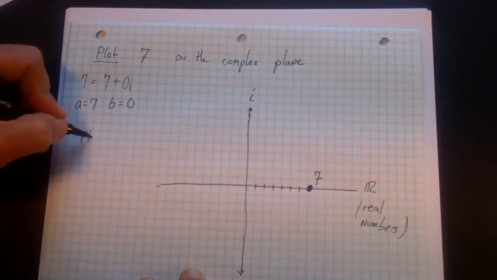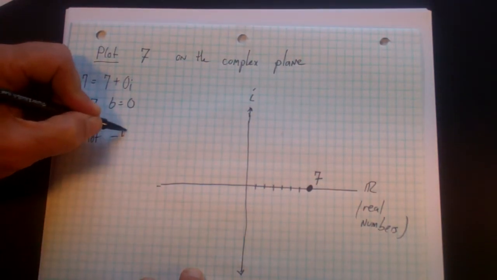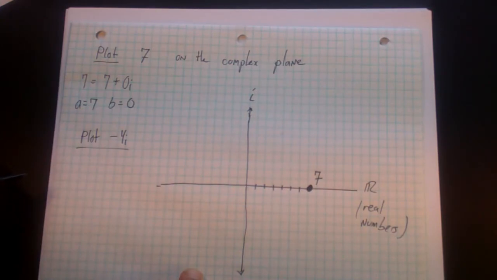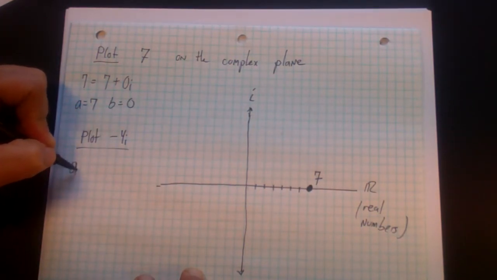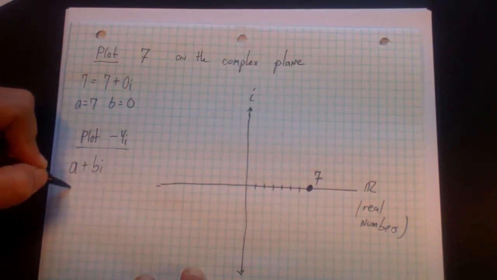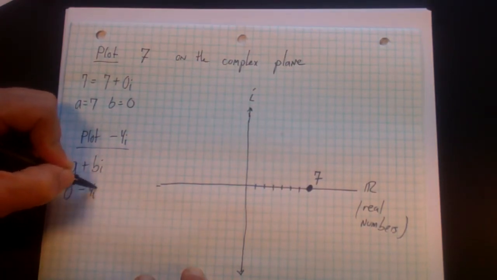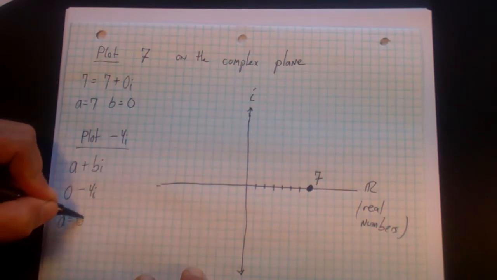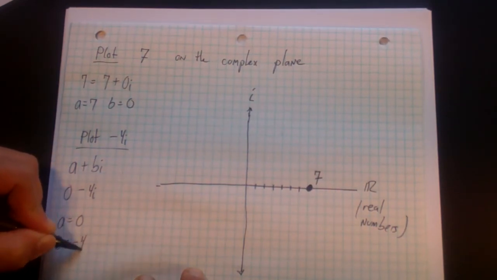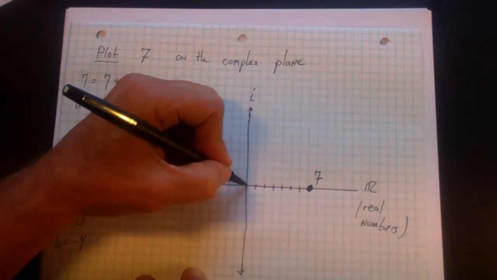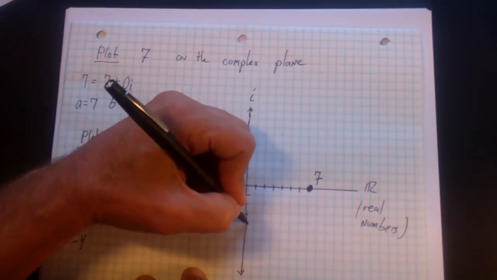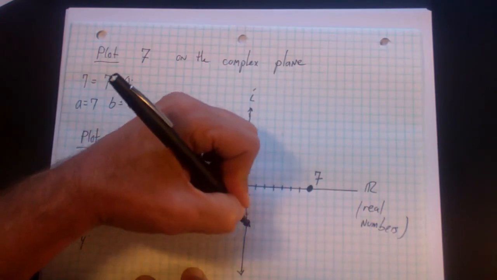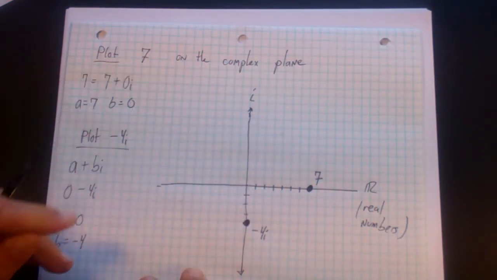Let's plot minus 4i on the complex plane. The key is that minus 4i, to write it as a plus bi, will be 0 minus 4i. So a is 0 and b is minus 4, so it's 1, 2, 3, 4, so it's right there. That's minus 4i right there.